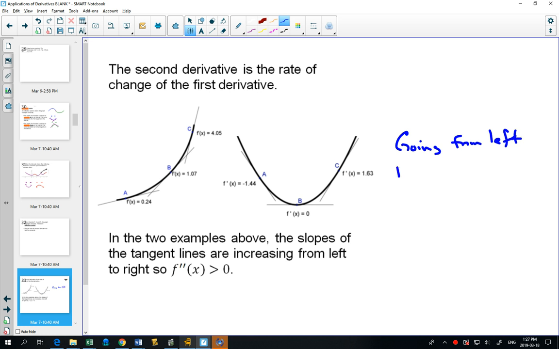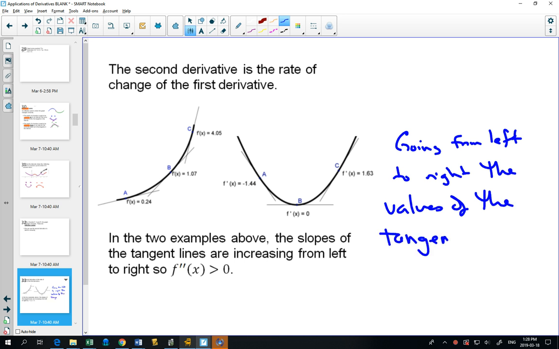Let's word this differently. If we go from left to right, the values of the tangents are increasing.